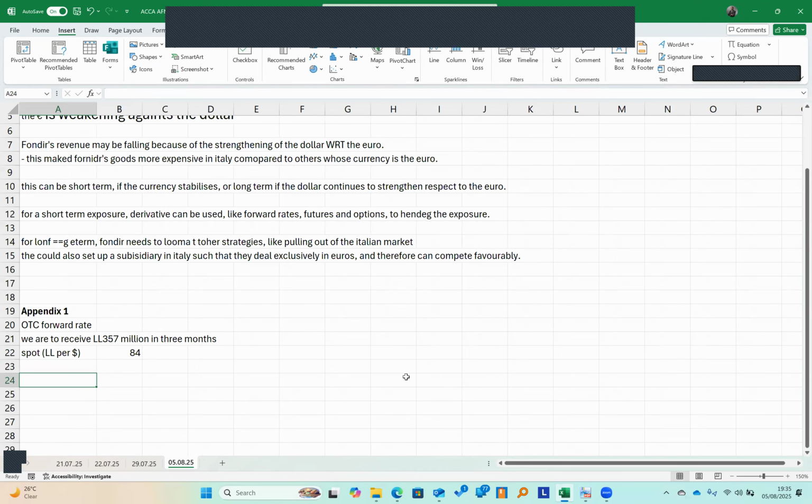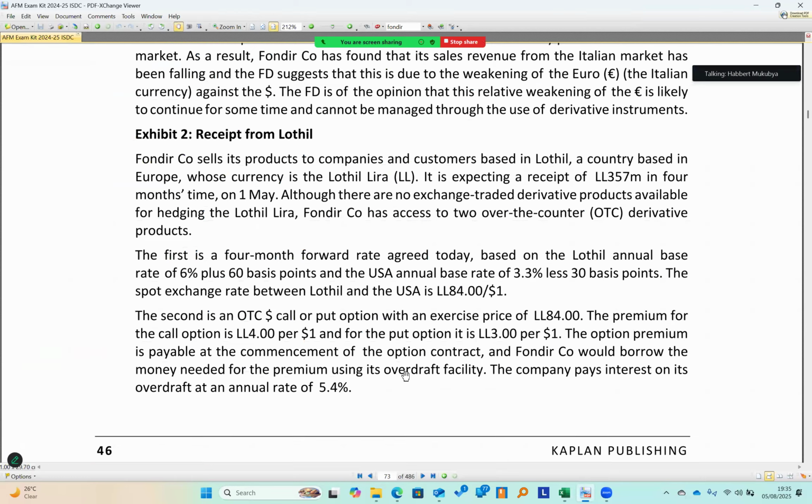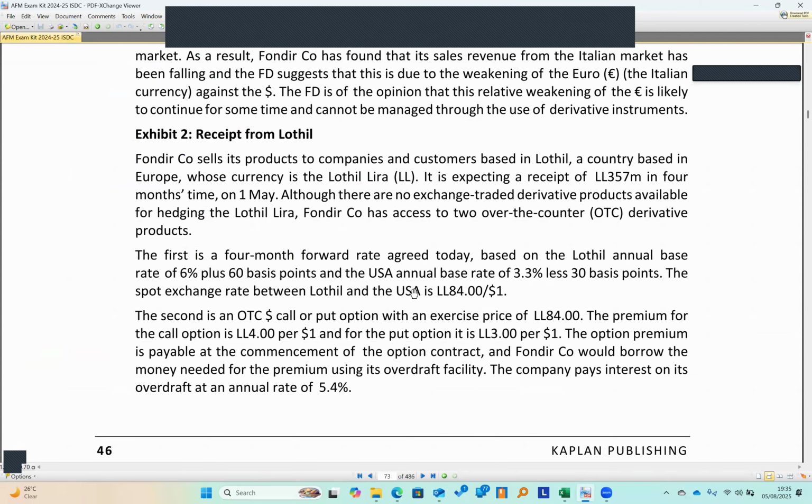So for us to determine the 4 months, we shall use this one, and we also use the inflation in the US and the inflation in Lothian. So we are going to use these rates: 6 plus 60 basis points, and then also 3.3 minus 30 basis points.